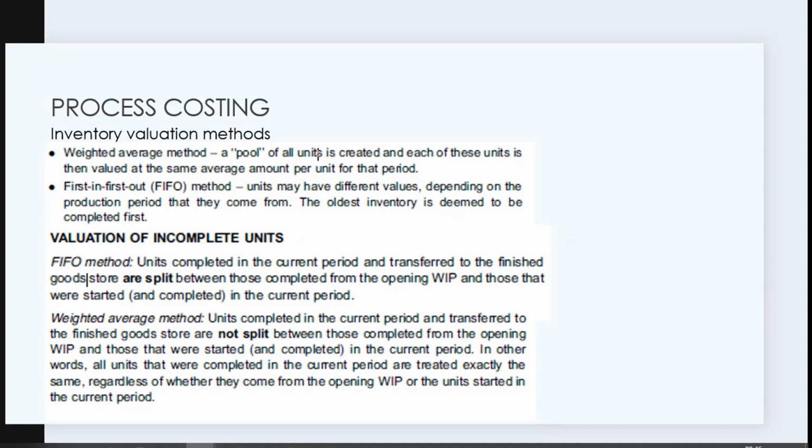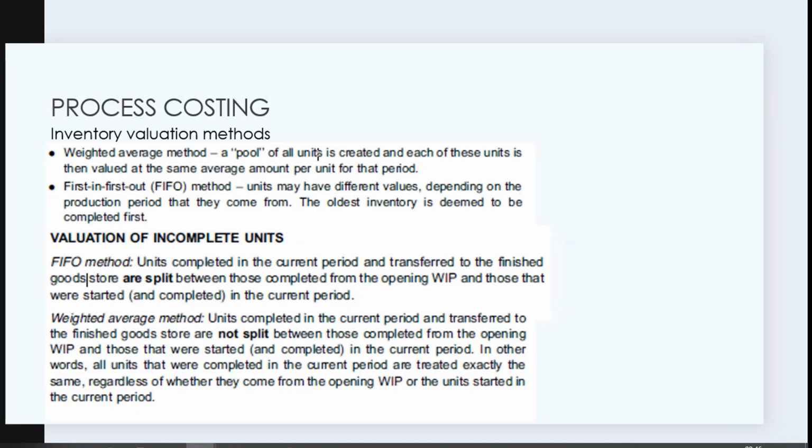So with first in, first out, there's a split. We're looking at those that have been completed from the previous process and those that have been started and completed in the current period. Under the weighted average method, there's no split.